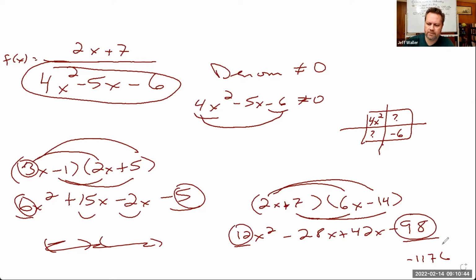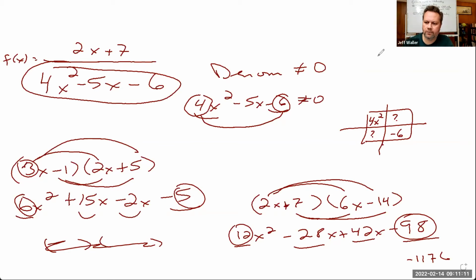The first number times the last number is negative 1176. What is negative 28 times 42? Same, negative 1176. Okay. That's going to happen no matter what. So we think backwards then. Obviously, this times this is important. That's the number, right?